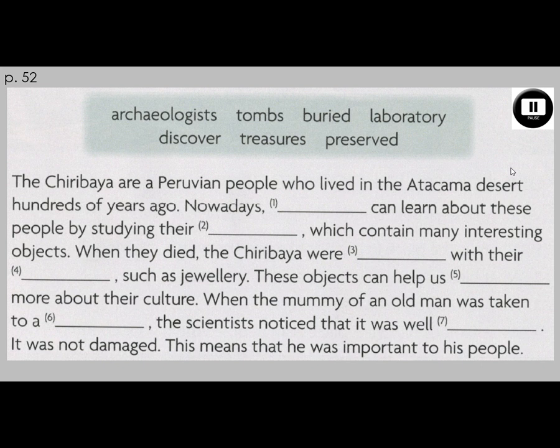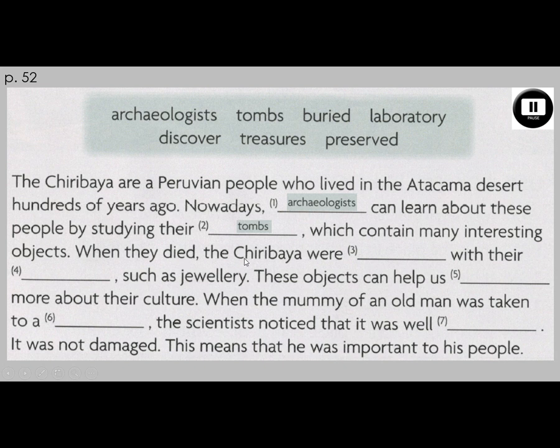All right, here are the answers in 3, 2, 1. The Chiribaya are a Peruvian people who lived in the Atacama Desert hundreds of years ago. Nowadays, archaeologists can learn about these people by studying their tombs, which can contain many interesting objects.